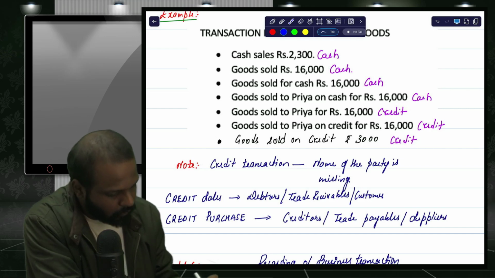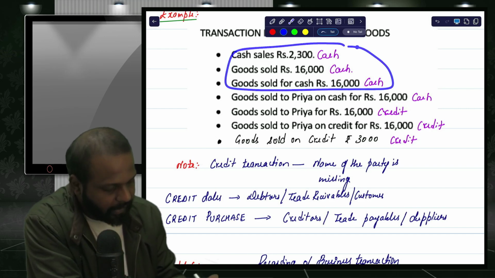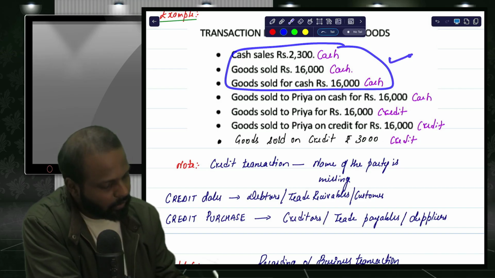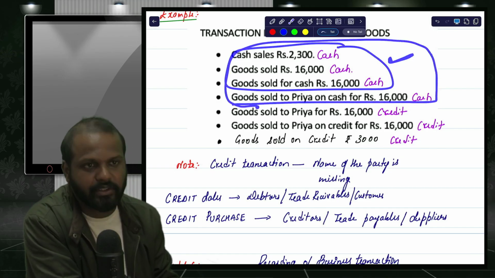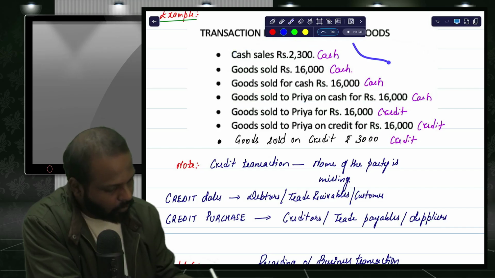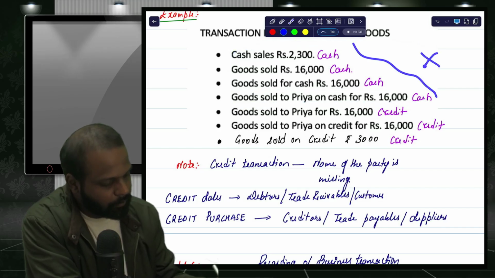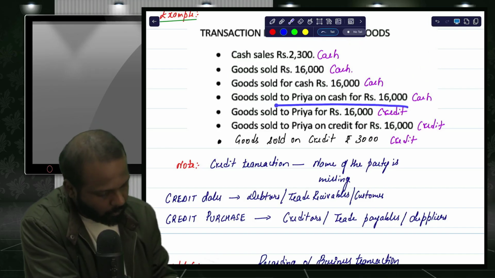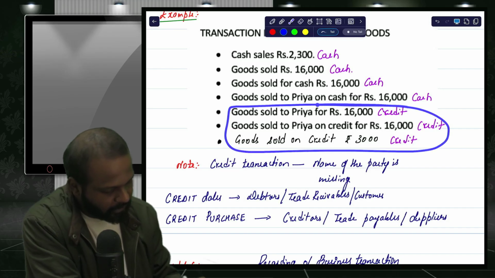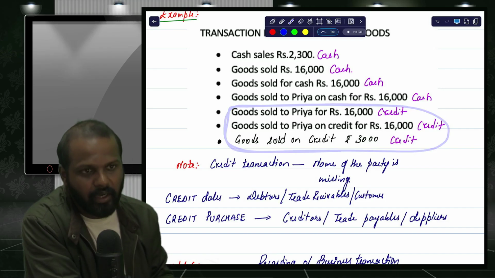So the first four transactions are cash transactions. To record these first four transactions, no name of the person is required. But to record the credit transactions, these three transactions, the name of the person is compulsory.